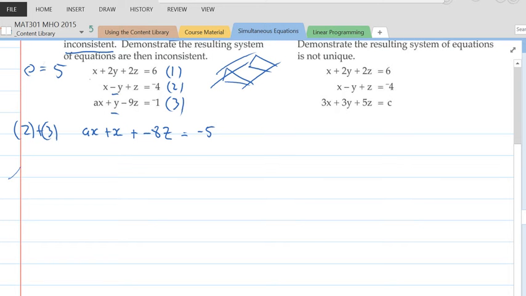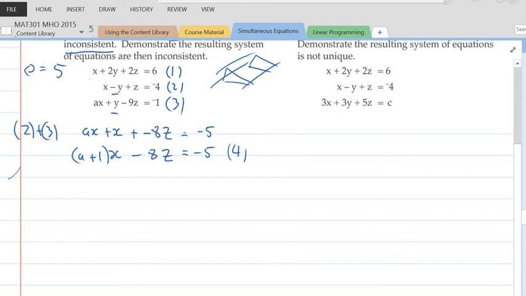Now let's clean that up a little bit. Minus 5, and I'll get x out on its own here, and that's really the same as a plus 1. Okay, I've just factorised the x out of that, and we're going to call that equation 4.